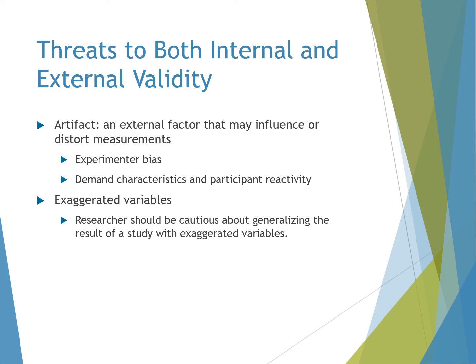So for example, if we're interested in the difference in compliance rates between someone who's nice versus mean, we get a researcher who's really nice and someone who's really mean and look at the differences in responses, but that's more subtle in the real world. So of course it doesn't have this external validity. So we're going to keep coming back to these ideas of internal and external validity. The issues that we're concerned about vary depending on our research design.